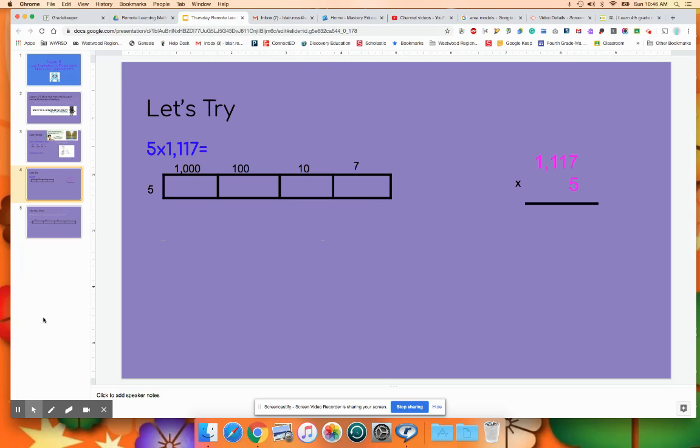So let's try one together. I have my pen ready in hot pink. So 5 times 1,117. I'm going to do the area model first. So I set it up. I broke apart the 1,117 by place value. So 5 times 1,000 is 5,000.